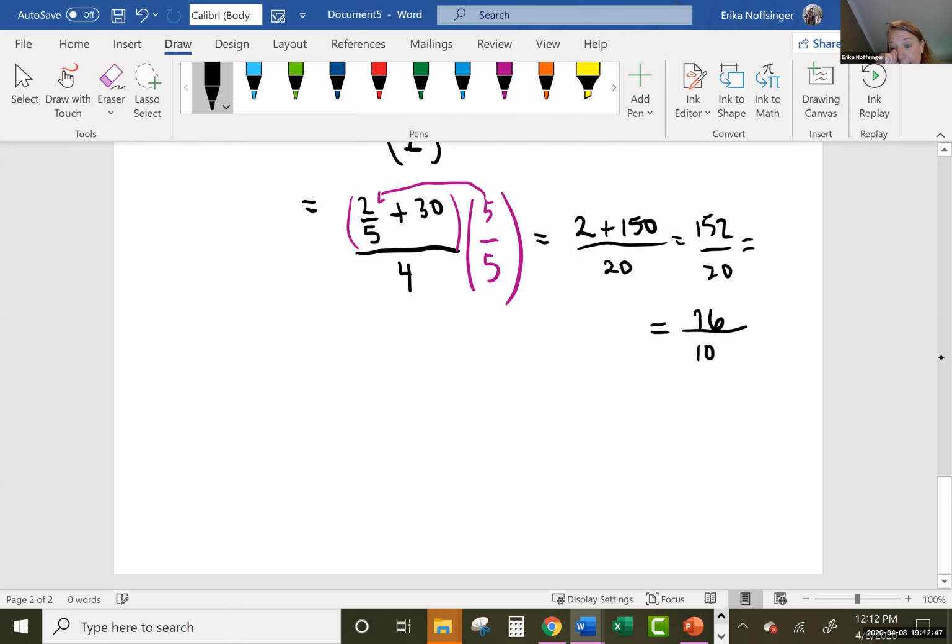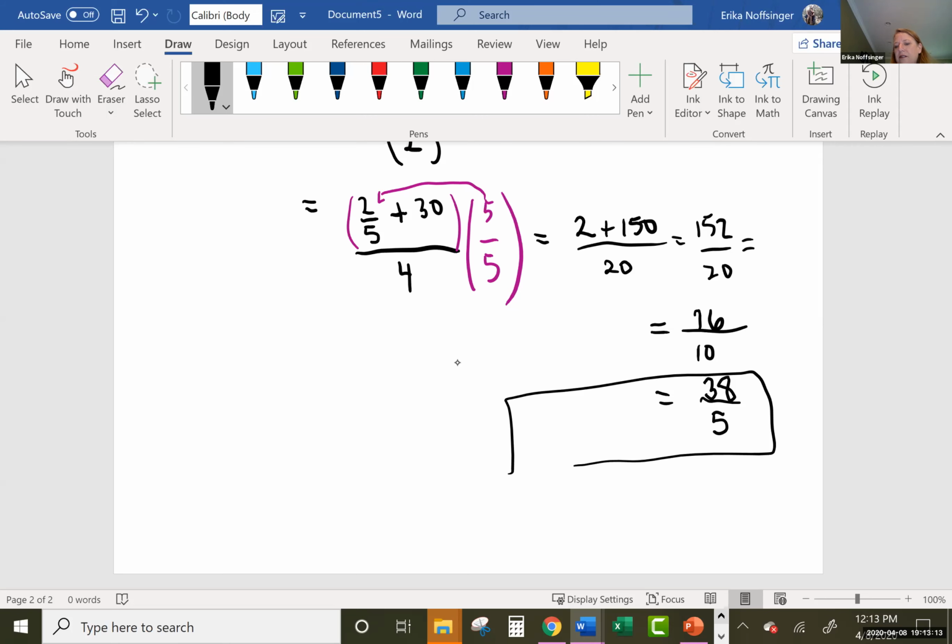So that's 76 over 10, that means 2 goes into those again. 2 goes into 10 5 times, 2 goes into 76 is 38. Okay, so our derivative of f of x over g of x evaluated at x equals 2 is going to give me 38 over 5.